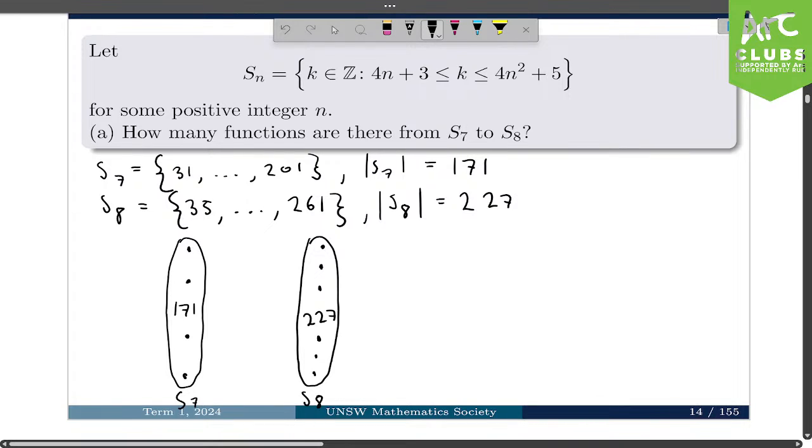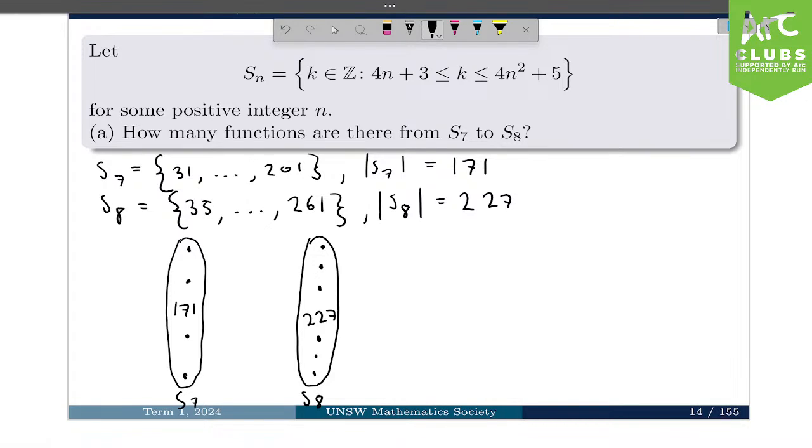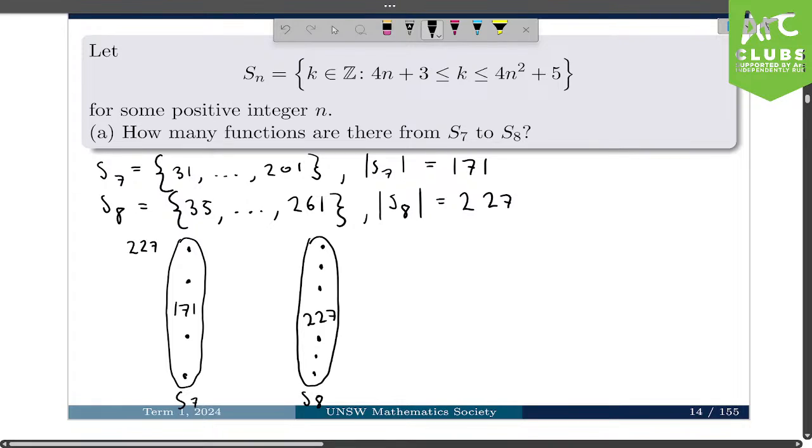And we're looking for any functions from S7 to S8. So let's start with the first element. This arbitrary first element in the set S7. What output value could it map to? Well, it has 227 possible outputs that it could map to. So that's 227 options that we have for the first element.